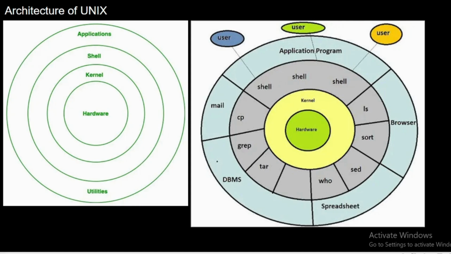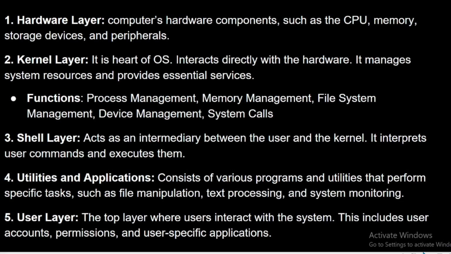At last, the user layer comes, where humans interact through terminals or GUIs. Together, these layers make Unix popular, modular and user-friendly for both programmers and administrators. So, these points I have already discussed.